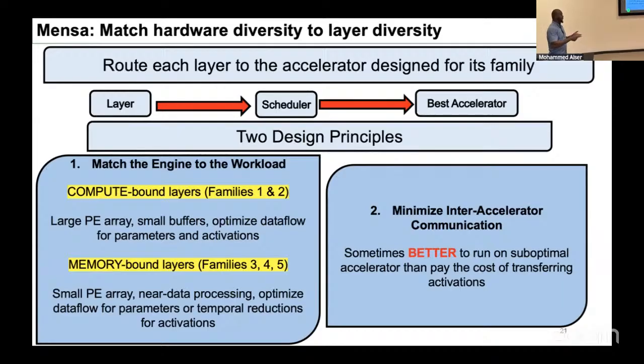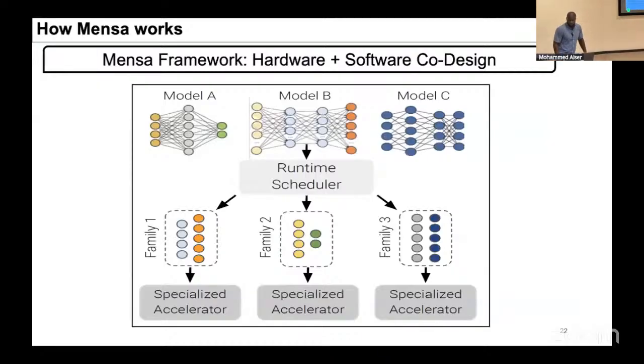Sometimes, instead of matching the layer to the best accelerator, it is better to run the layer on a suboptimal accelerator in order to reduce inter-accelerator communication.